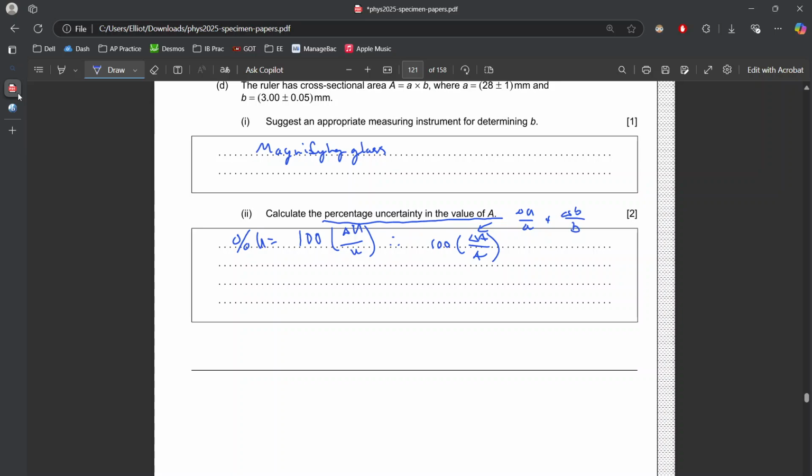So I'm going to call this capital X. Capital X is equal to 100 times 1 over 28, right? Plus 0.05 over 3, which comes out to 100 times 1 over 28 plus 0.05 divided by 3, which is 5.238. 5%.